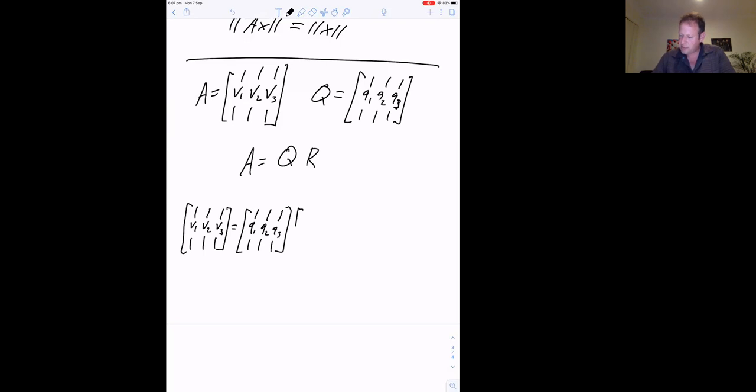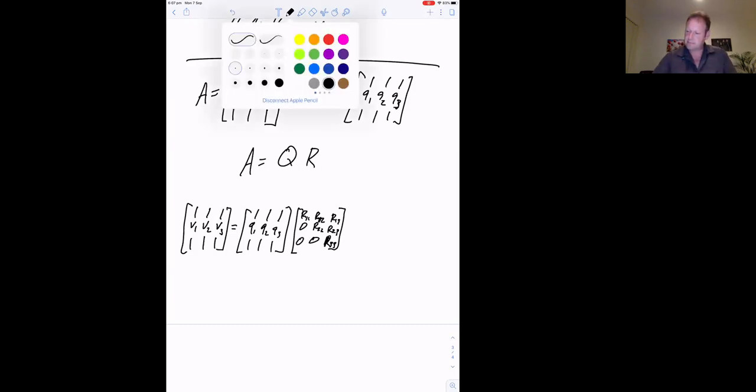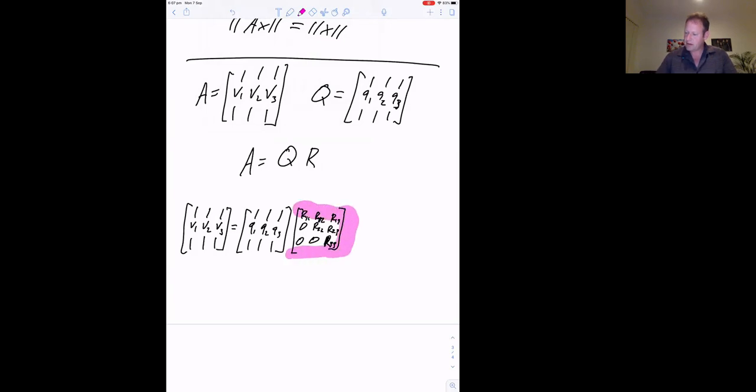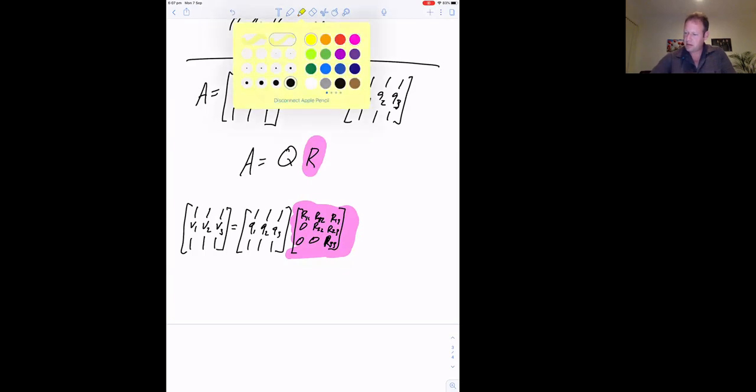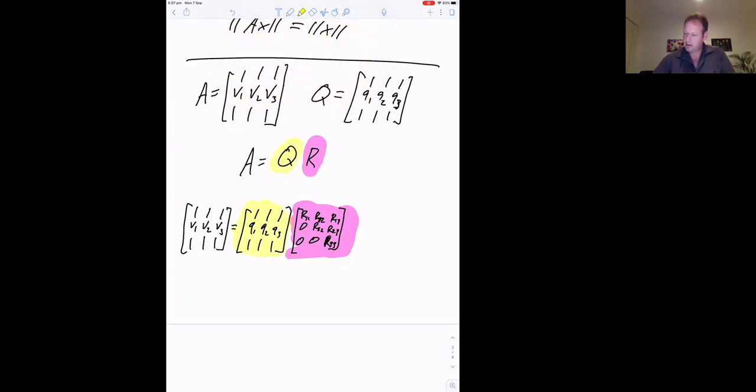And now, just to be explicit, I'll actually write the matrix R. I'll call it R11, R22, R33, R12, R13, R23, and 0, 0, 0 below the diagonal. Here, upper triangular, that's our R. Here, orthogonal, that's our Q.